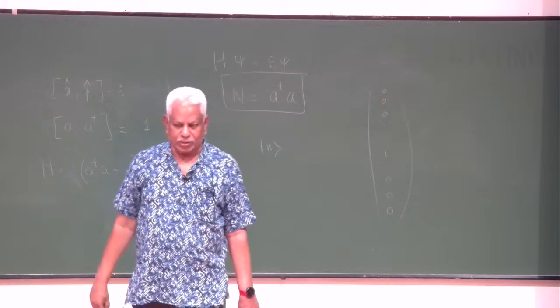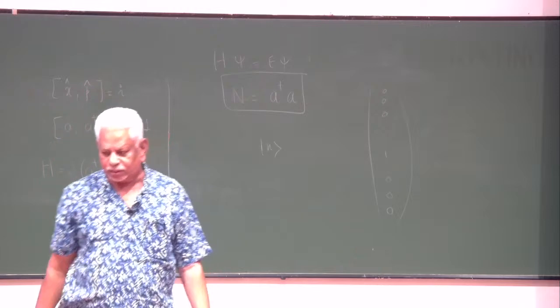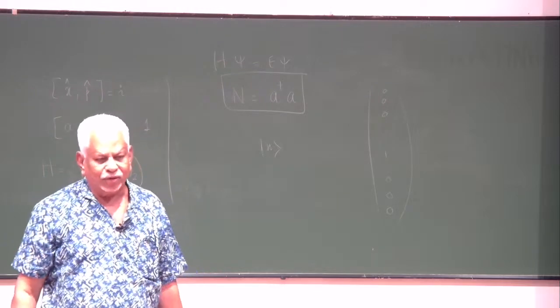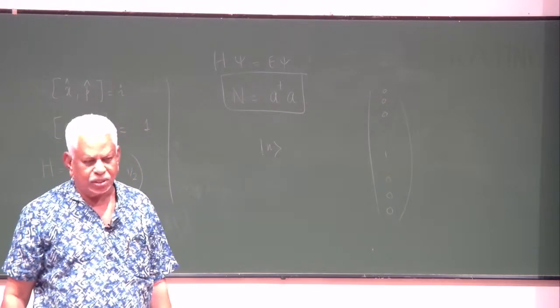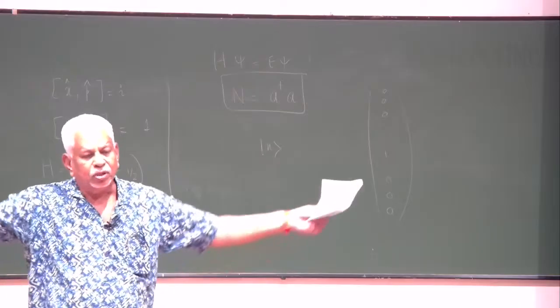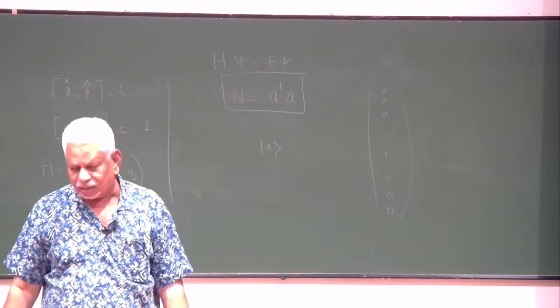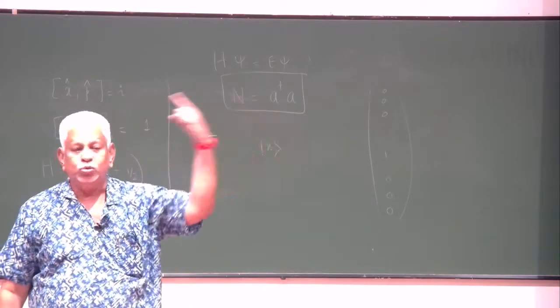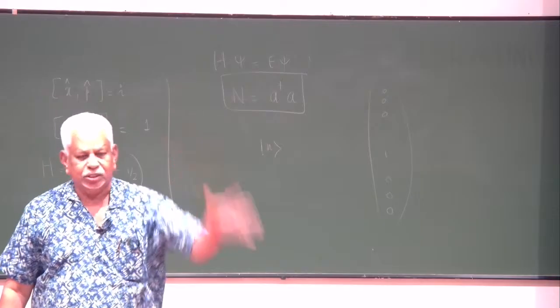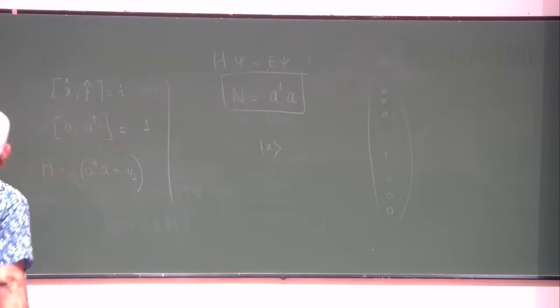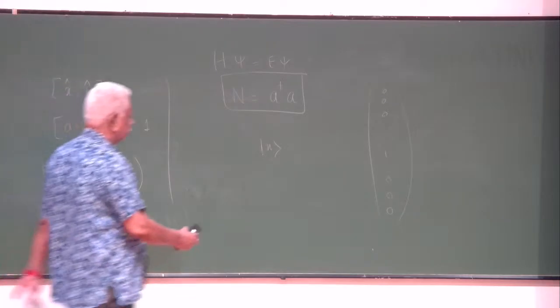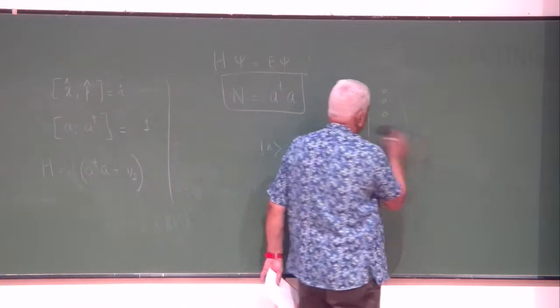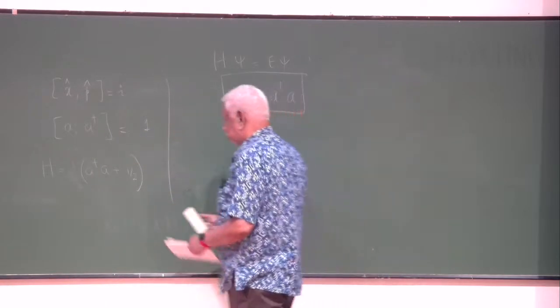Because I told you all our vector space is infinite dimensional, I will have vectors with an infinite number of components, and the nth component is 1, the rest are 0. Let me take that kind of vector, or a linear combination of that.